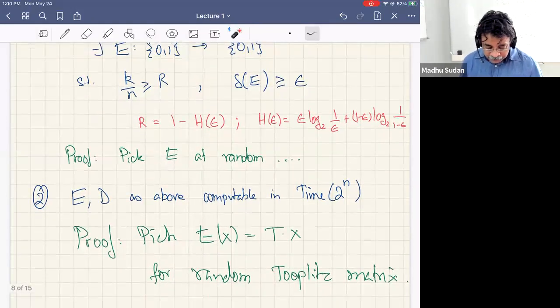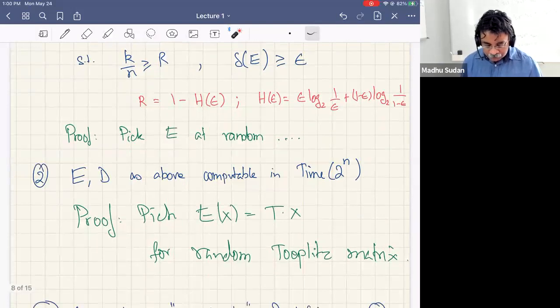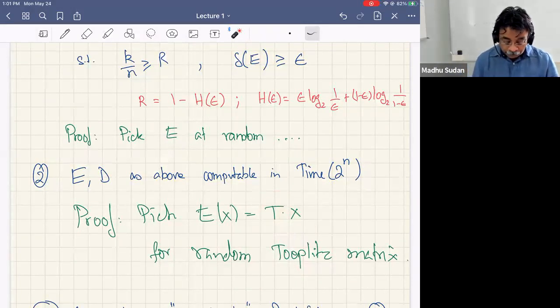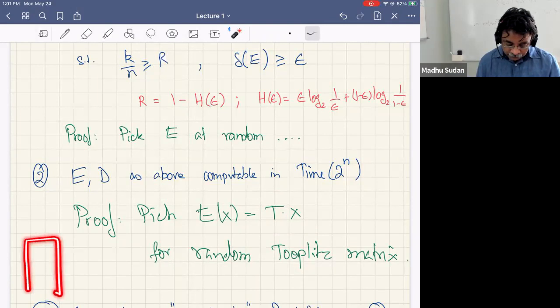If you want to do this slightly more cleverly and efficiently, you can do the following. For those of you who know what a Toeplitz matrix is, pick a random Toeplitz matrix and use that as your encoding function. The matrix will look like this, and you multiply it by x, and that's your encoding.